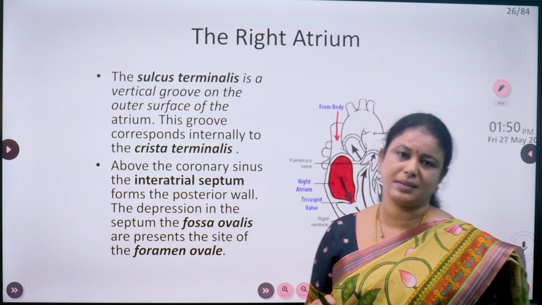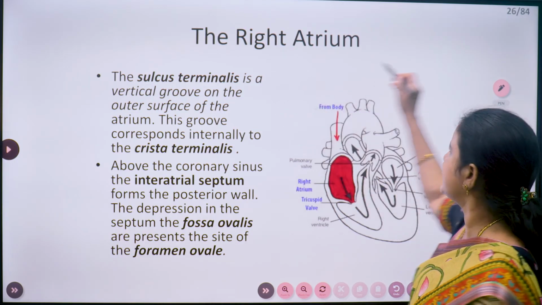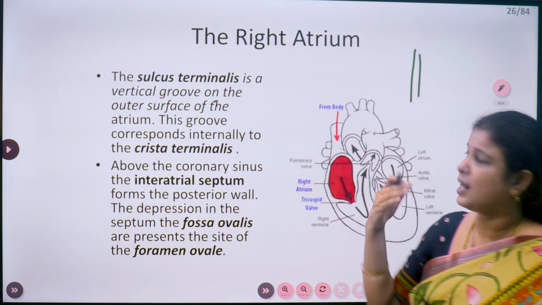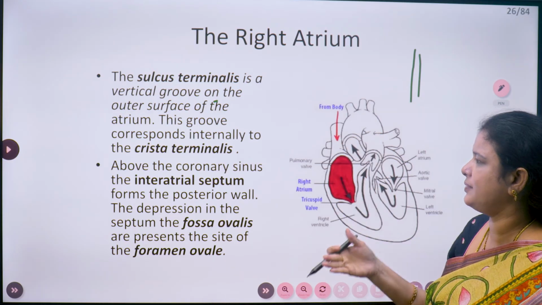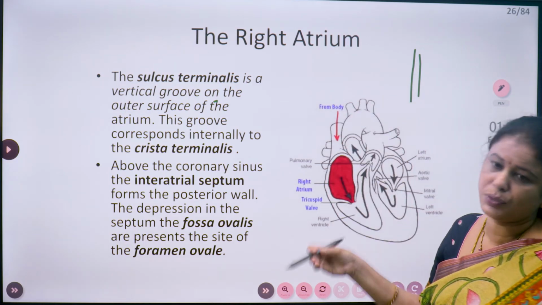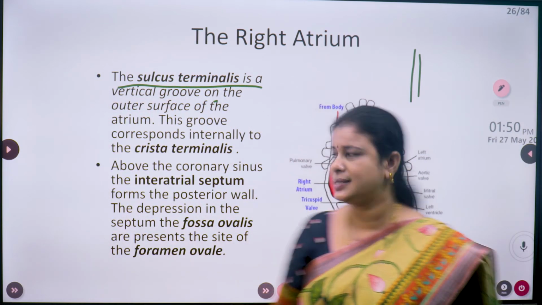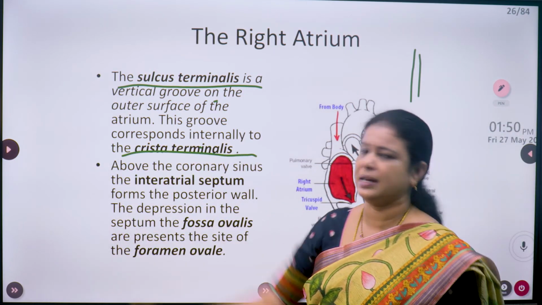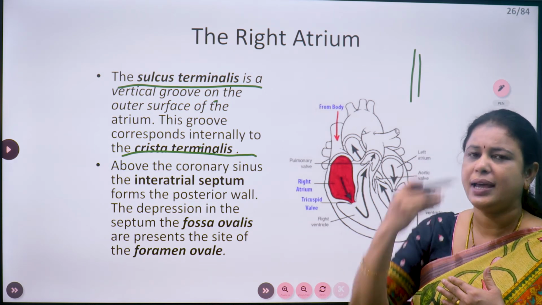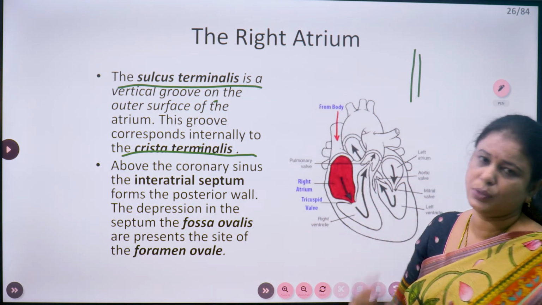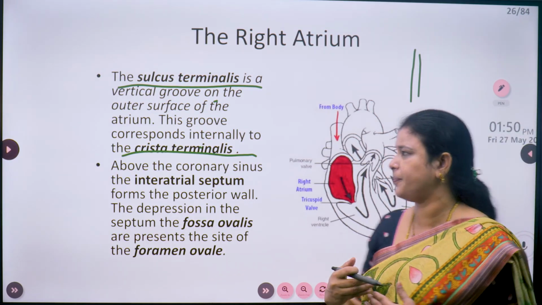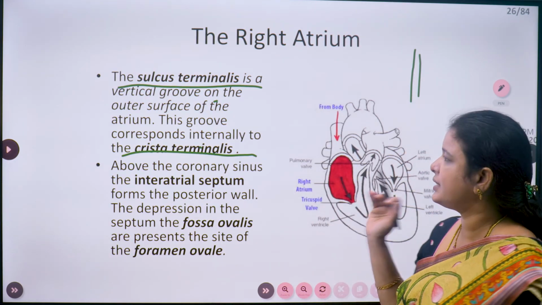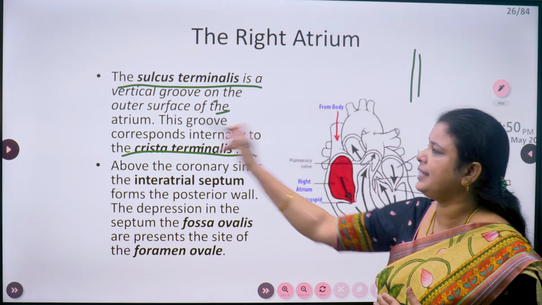Sulcus terminalis is a vertical groove on the outer surface of the atrium.